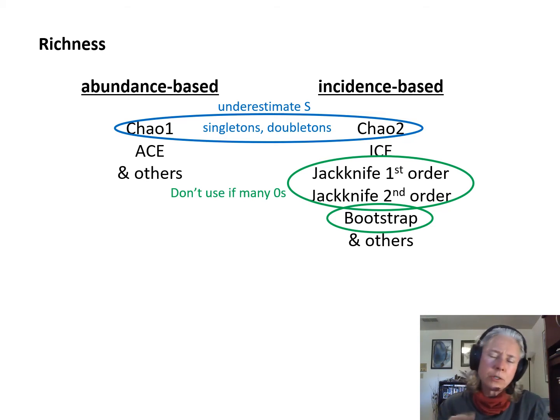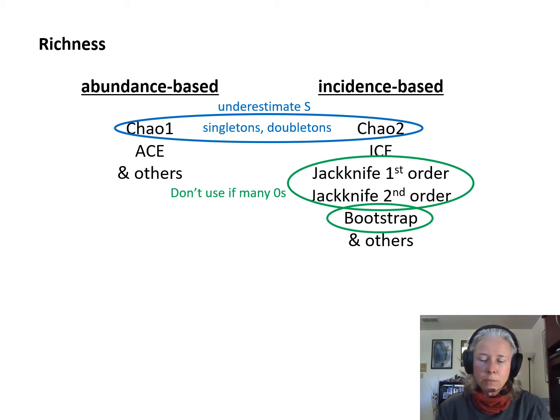So in the notes I mentioned, each one of these has its own uses and its own limitations. And in McGurran's 2004 book, Measuring Biological Diversity, she summarizes the performance of these and some other richness indices. And there was no consensus as to which one was best.